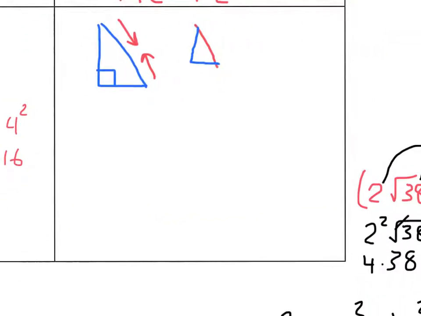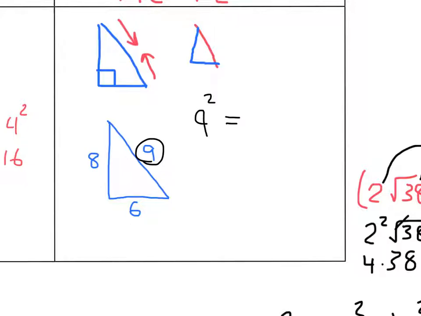How about over here? Six, 8, and 9. Clearly 9 is my largest, so I am going to do 9 squared. I don't know if it's equal to 8 squared plus 6 squared.